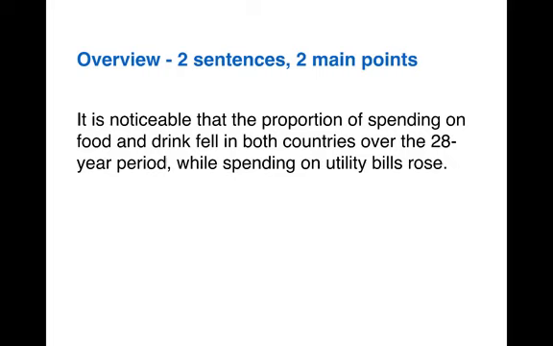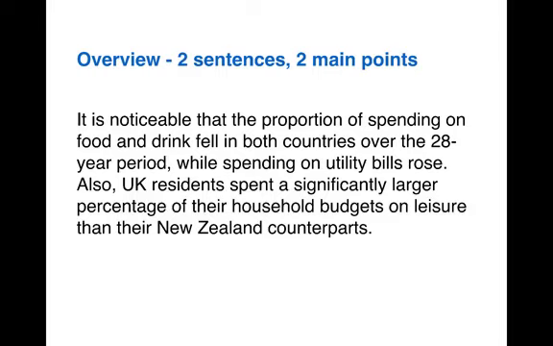Second sentence: Also, UK residents spent a significantly larger percentage of their household budgets on leisure than their New Zealand counterparts. So there I've talked about the big difference that I found, which was leisure spending. And a nice phrase at the end, their New Zealand counterparts. That means the same group of people in the other country, in New Zealand in this case.